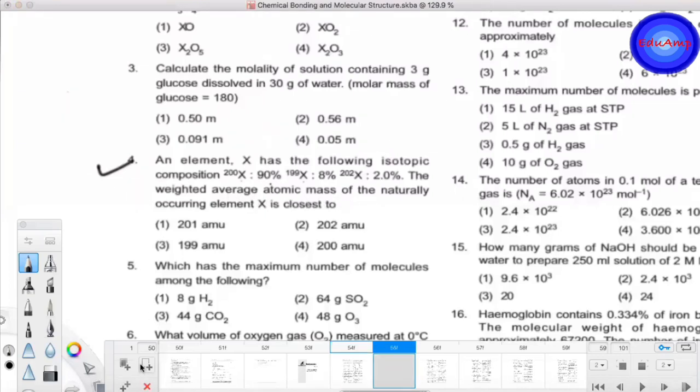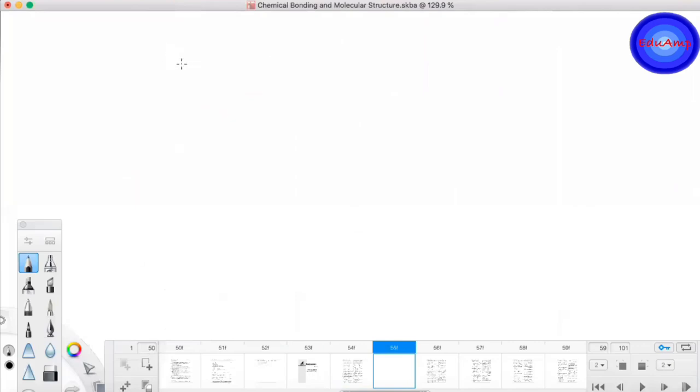So I told you the formula. What is the formula? You have to multiply mass number with its percentage and then divide it by 100.